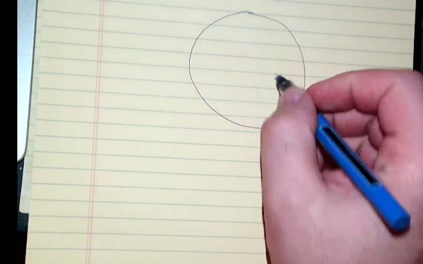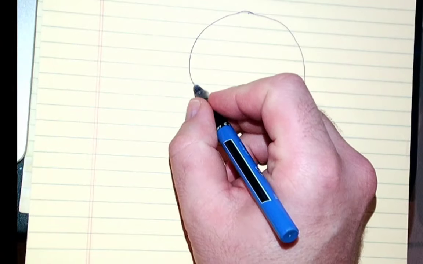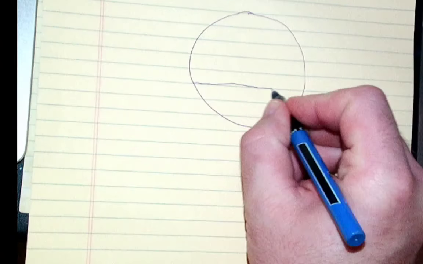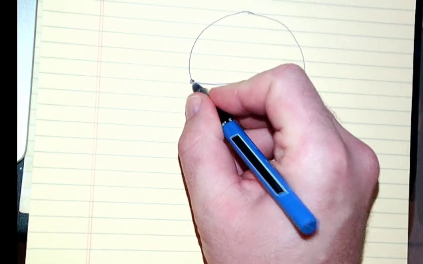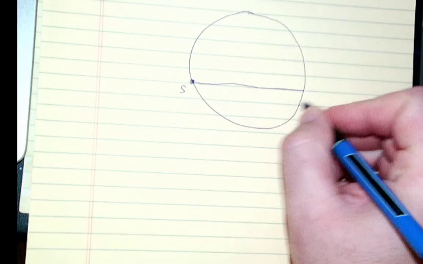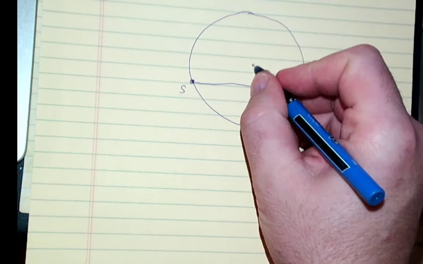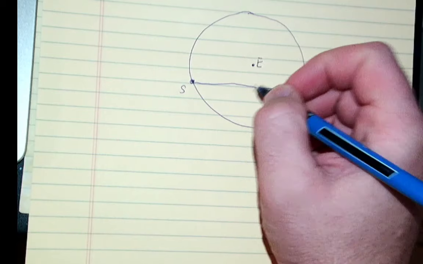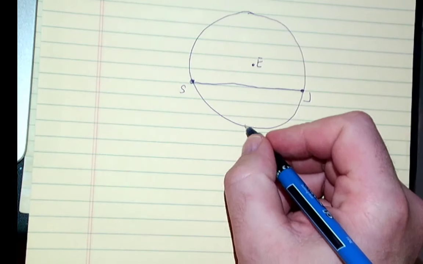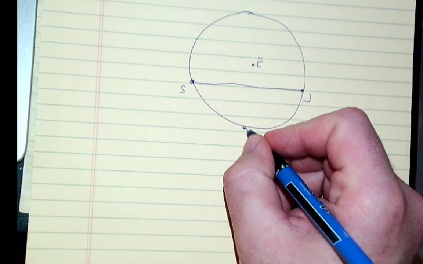We have a nice circle like this. And then the graph itself looked like, one second while I get down to it. We had a secant going across from S to J. Here's the circle E over here, the center of the circle. Another point on the circle, B, down here.